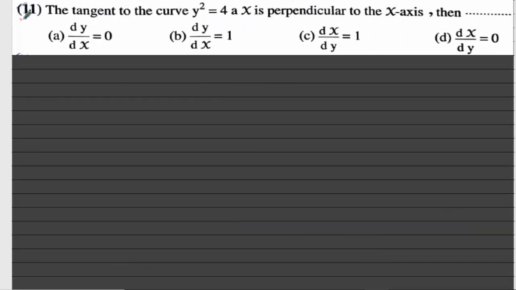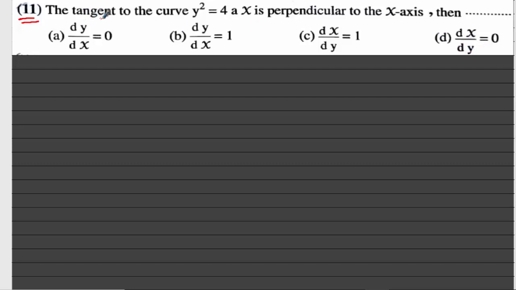Question number 11. The tangent to the curve y² = 4ax is perpendicular to the x-axis. Then dy/dx equals 0, dy/dx equals 1, dx/dy equals 1, or dx/dy equals 0.